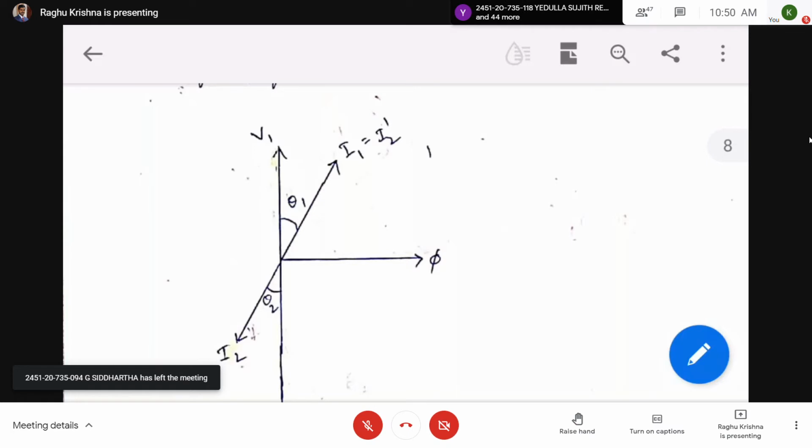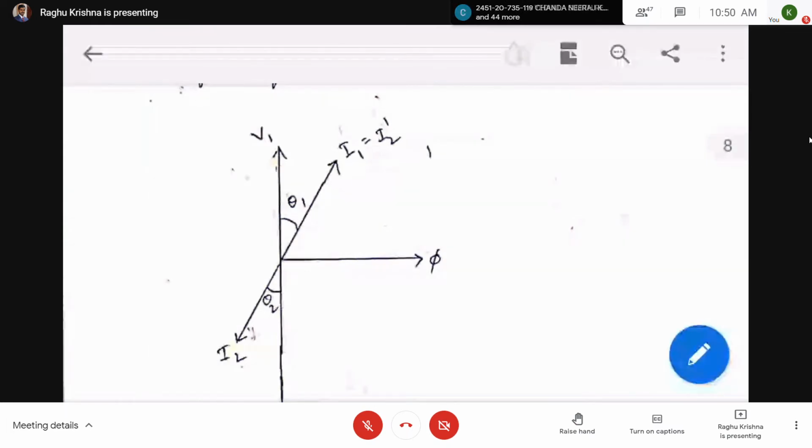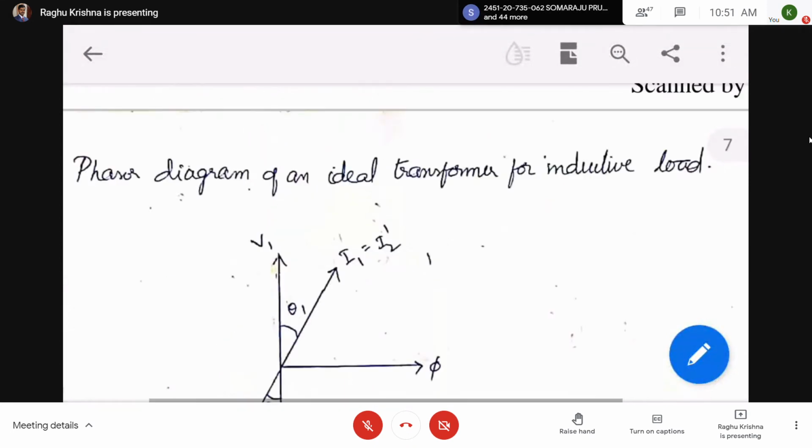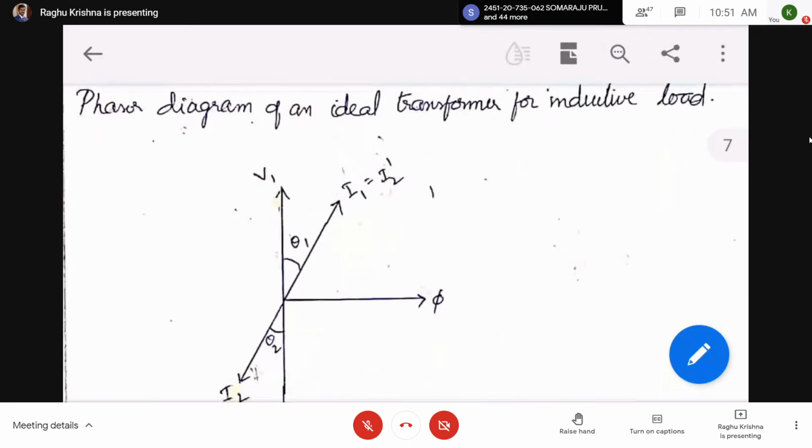So we are going to learn about I1 and I2. This is important, right? I1 is equal to I2 dash. What is I2 dash? See here, what is I2 by I1?